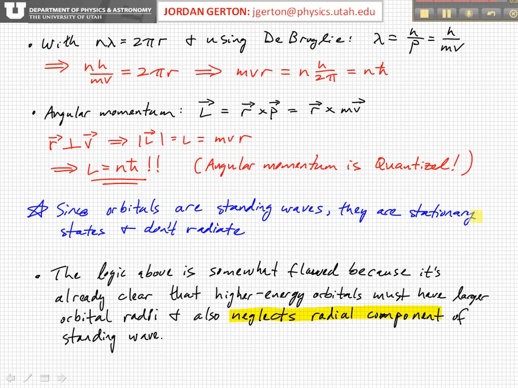We've basically assumed that the electron wave is confined to the circumference of an orbit, but in fact it also has a radial component. That is, it can move towards and away from the nucleus, and that's not taken into account. And there are some other small flaws, but at least it establishes the plausibility. Now let's see where this can take us in terms of calculating energies.